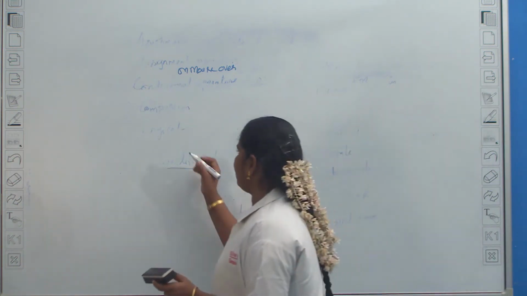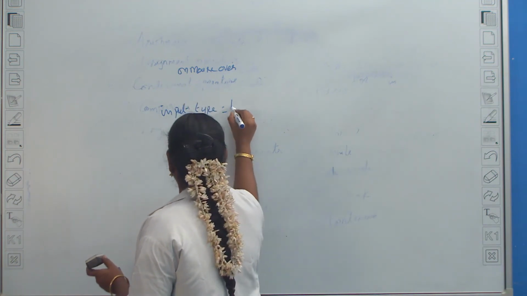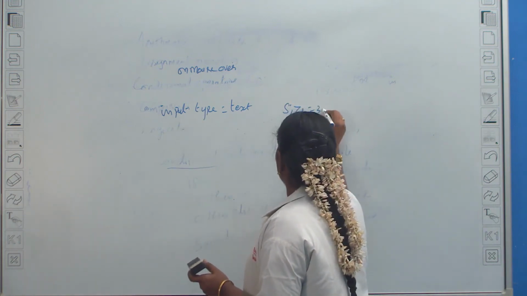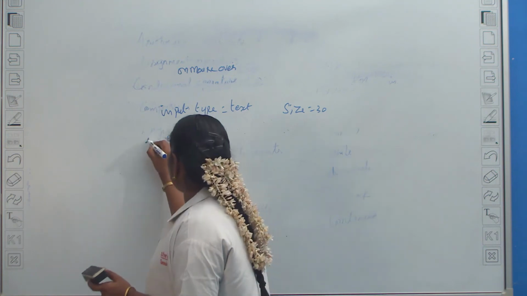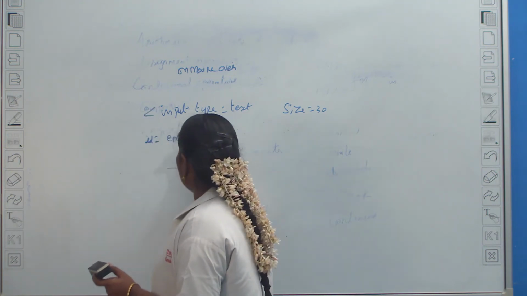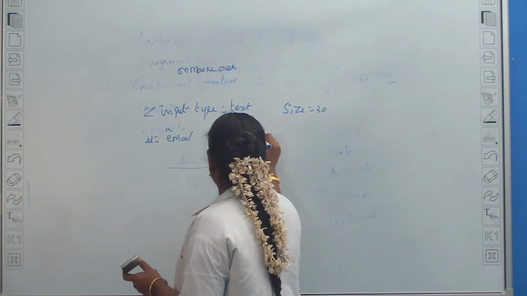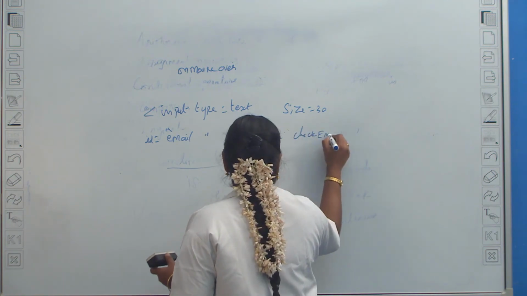For example, we use input type equal to text, and then size equal to 30. Then give the name as email, that means ID equal to email, and then we put onchange equal to checkEmail.